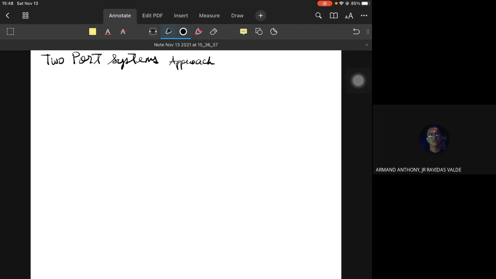We discussed how to compute the input impedance, output impedance, and voltage gain of a fixed bias BJT amplifier. We will no longer discuss the derivation of the other formulas, especially for voltage divider, unbypassed emitter bias, emitter follower, and so on and so forth.